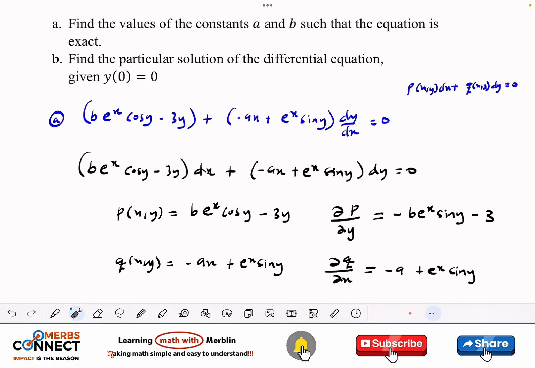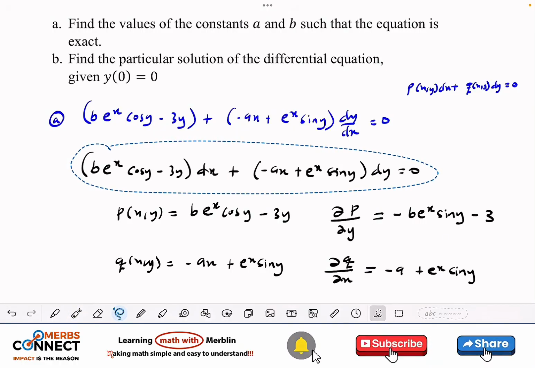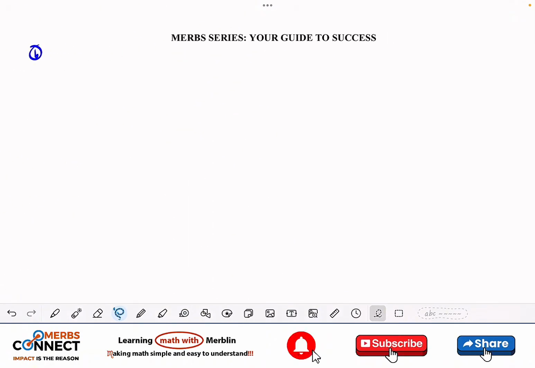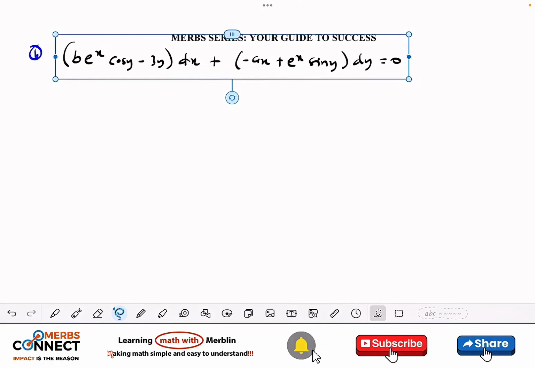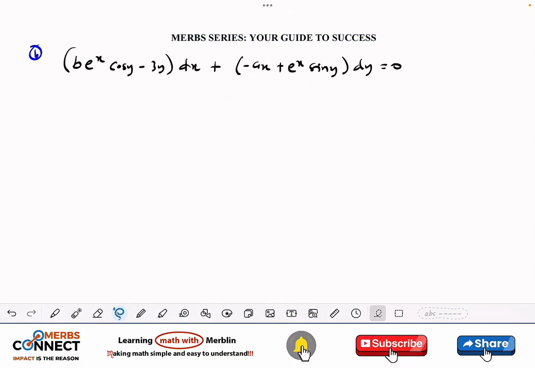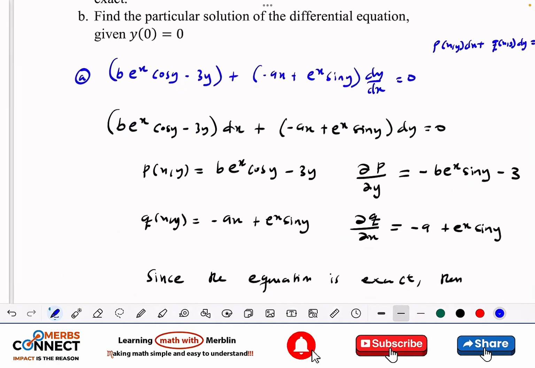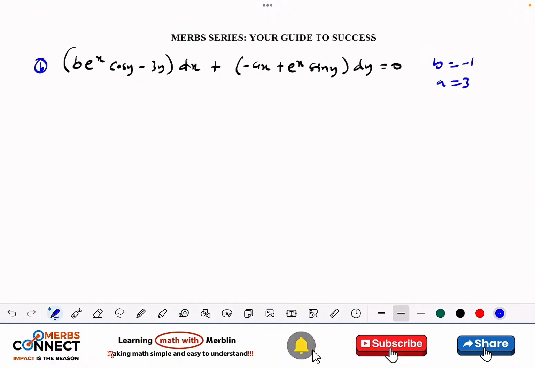So let me just pick this and paste it there. Now we want to solve this. But we know that b is minus 1 and a is 3, right? From this. Okay, so let's do substitution.